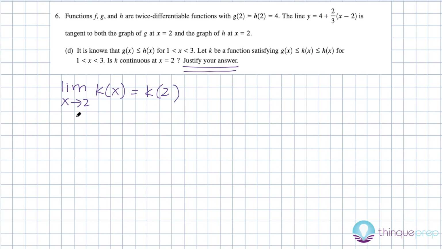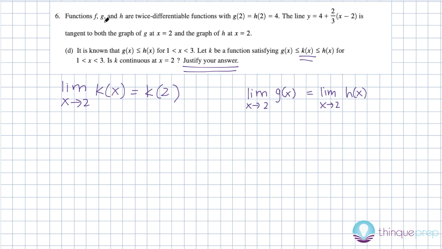Well, let's show the left-hand side first. Since we have this three-way inequality here, we can show through squeeze theorem what the limit of k of x is. So let's show the limit of g of x is equal to the limit of h of x. Well, how do we know the limit of g and h?